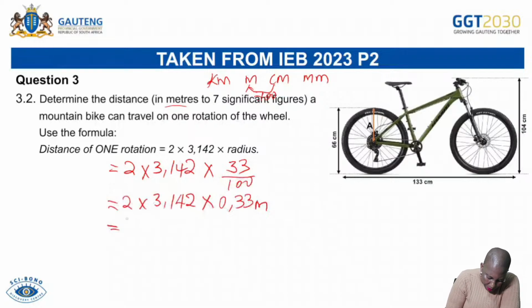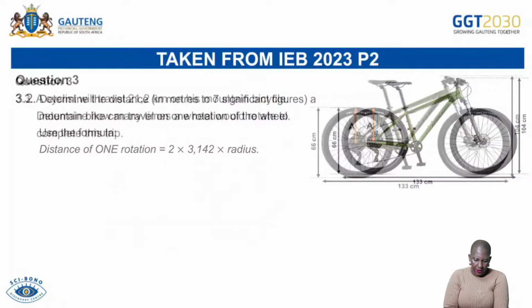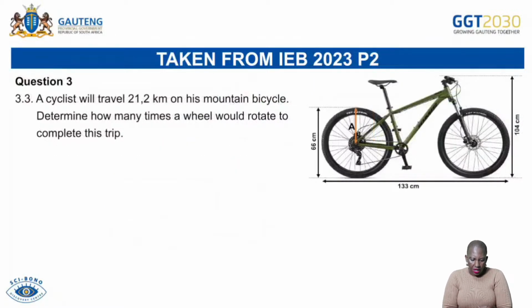Our answer will be 2,07372 in meters. So remember, we were given the radius in centimeters. We just needed to convert the radius into meters. So one rotation will be 2,07372 meters. And then let's go to the next one.